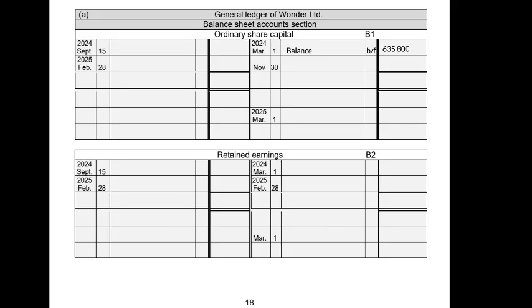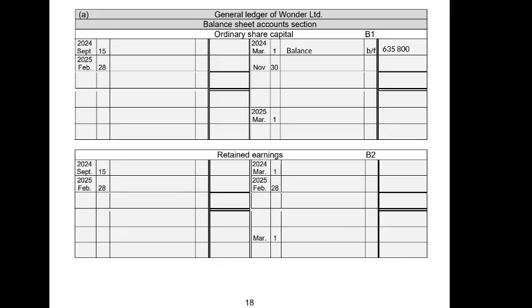Then on September the 15th, we repurchased 37,000 shares. Remember, for this repurchase, we have to calculate the average share price. So to calculate the average share price, we take the 635,800 Rand and we divide by the 170,000 shares in issue on that date, and we get R3.40.